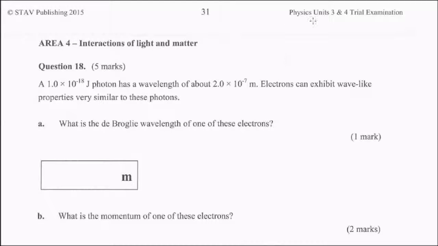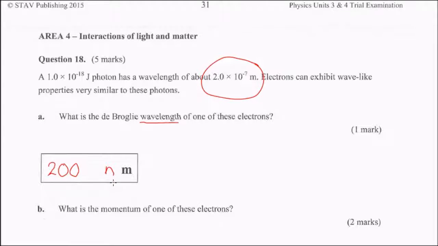This is more or less a trick question, because the whole point is that it is the wavelength that determines the behavior being similar in terms of diffraction and things like that. So if the electrons behave in the same way as the photons, they must have the same wavelength as the photons, and that could be written as it is in the question, or you could also write that as 200 nanometers. Either of those would be fine.